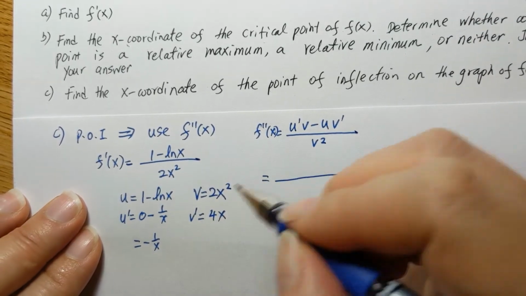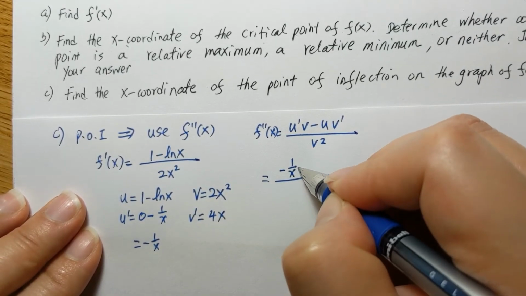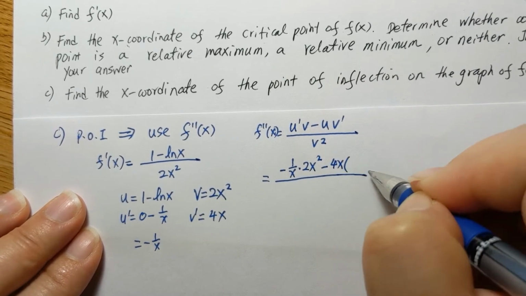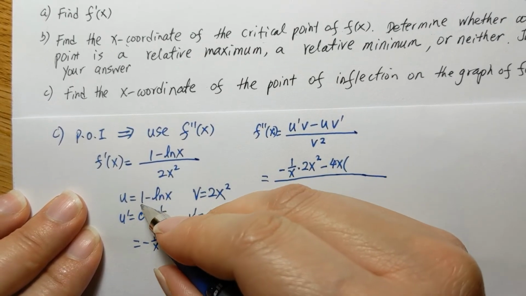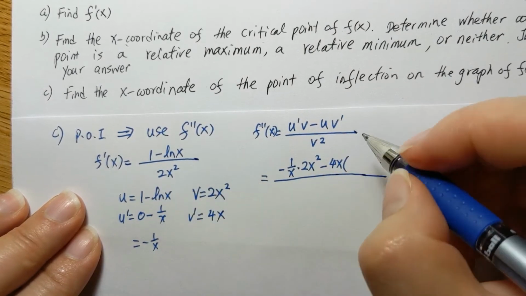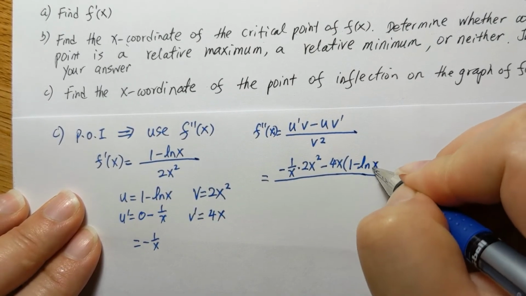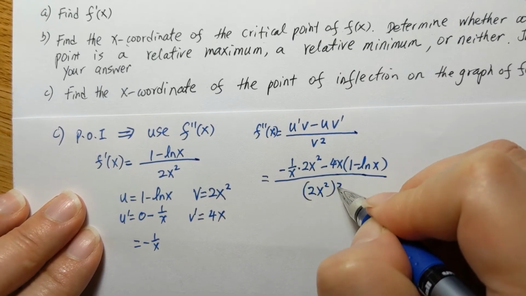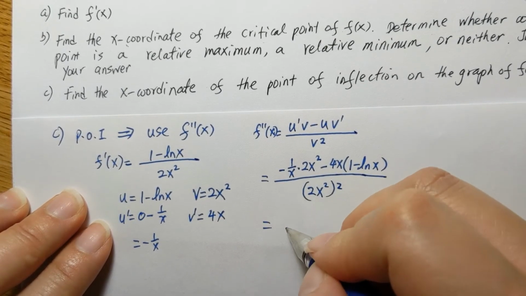We're going to get 1 over x times 2x squared, and then minus 4x. I'm going to put the 4x first, because this one has two terms: 1 minus ln x, and then v squared, so 2x squared, squared. Now we're going to simplify a little bit.